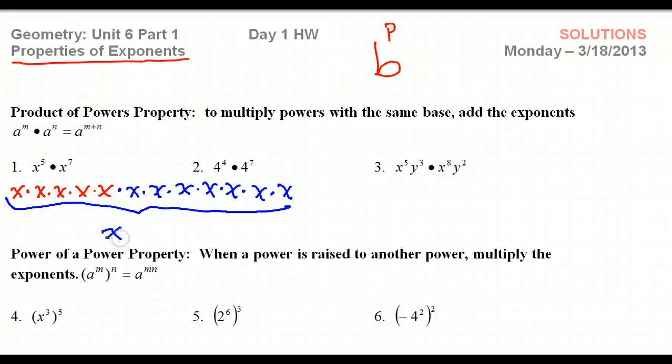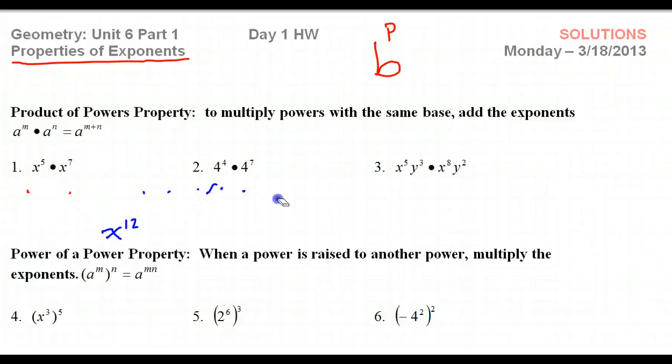So that is why this makes x to the 12th power. So yes, I want you to use the shortcuts, and I want you to understand that when you have the same bases multiplying, you just add. But what if you forget? Understanding what's happening behind the scenes will help you remember. Okay, so that's a lot of dots.